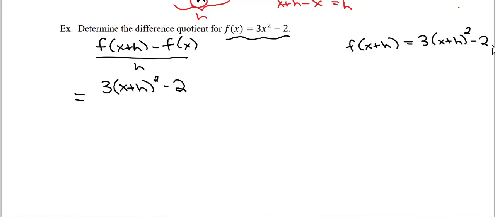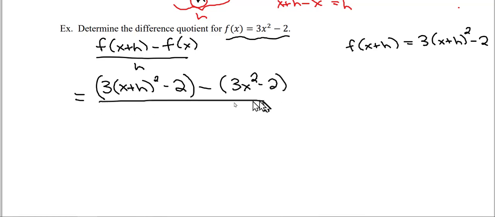Pause the video right now if you need to think about that a little bit. This is sometimes very confusing for students. That's the first part. Then we subtract the function itself and divide by h.